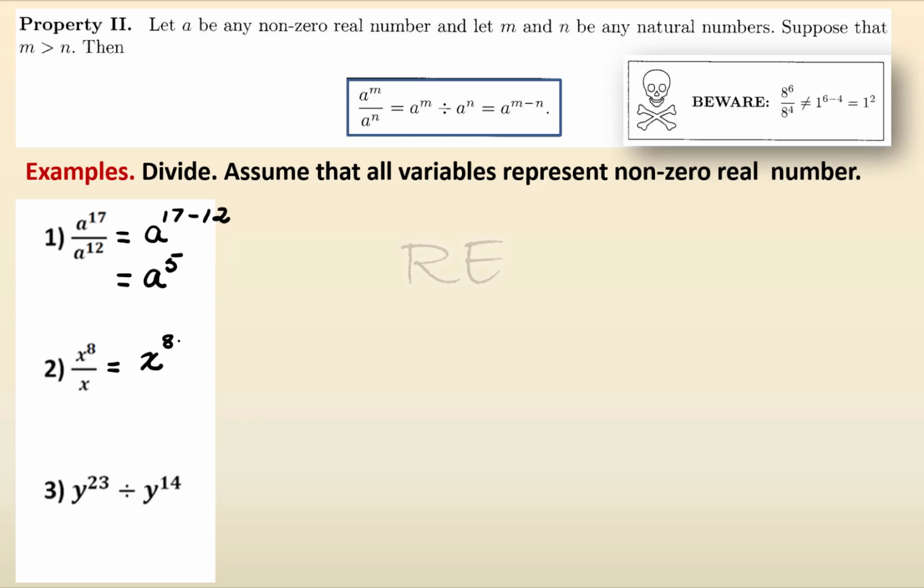X to the 8 over x to the 1st is x to the 8 minus 1, x to the 7th. Y to the 23rd divided by y to the 14 is equal to y to the 23rd minus 14, which is y to the 9.